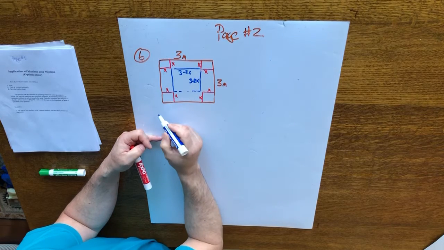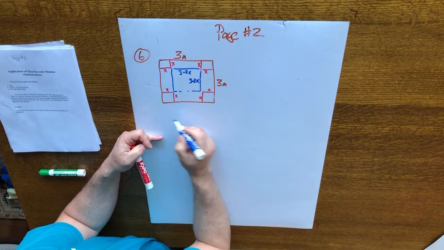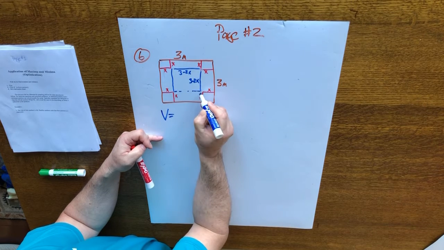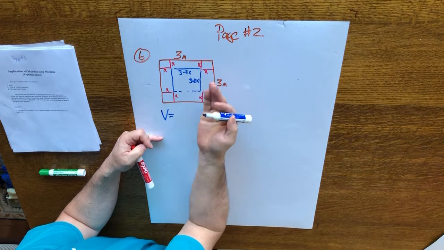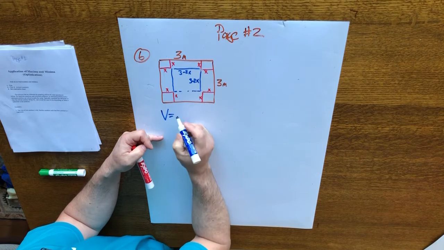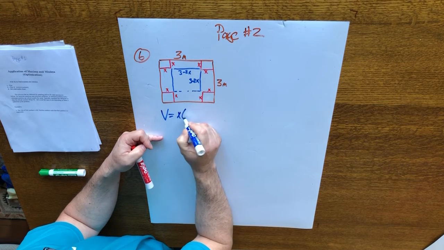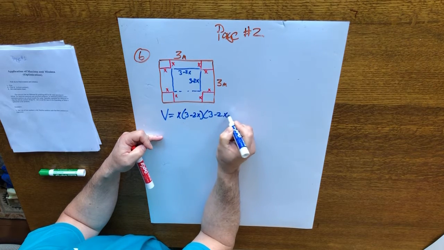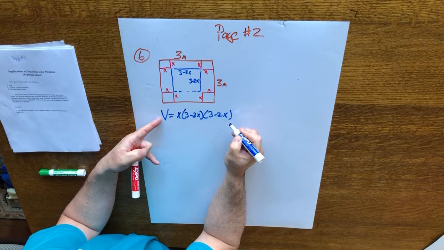And so you have the volume of the box to be 3 minus 2x by 3 minus 2x, and these pieces get folded up to be x. So x times 3 minus 2x times 3 minus 2x, that's what you're going to try and maximize.